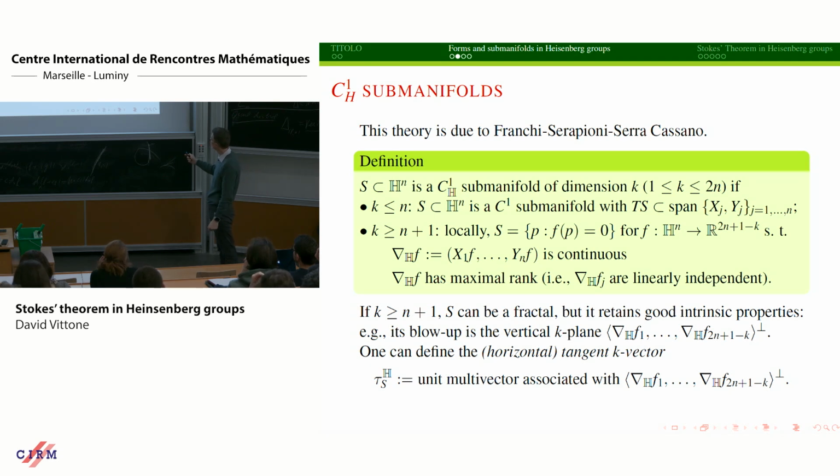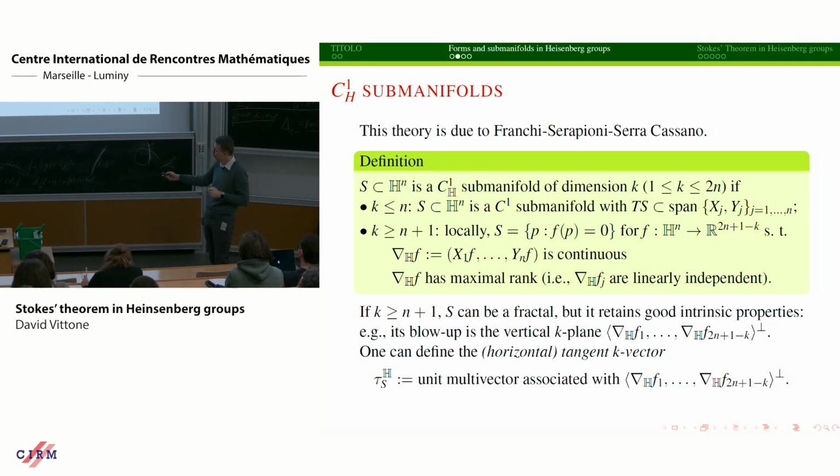So here we have a normal object. When we have a normal, we can define a tangent as the orthogonal to the normal. So at some point, this horizontal tangent k-vector, the Heisenberg multivector tangent to S, is defined as the unit multivector associated with the blow up, with the vertical tangent plane, with the normal to these normals.